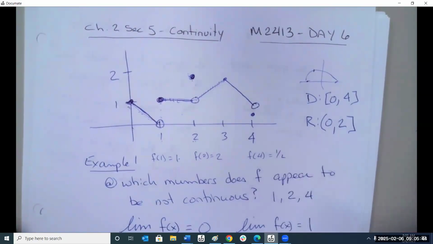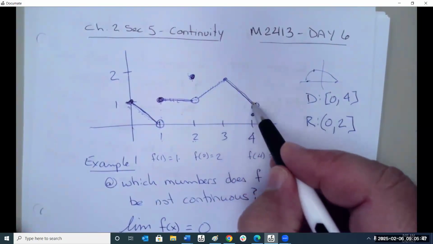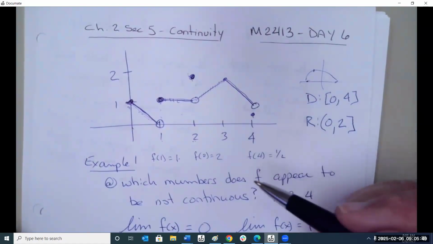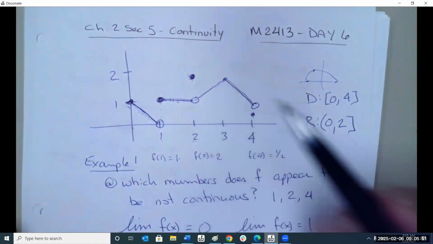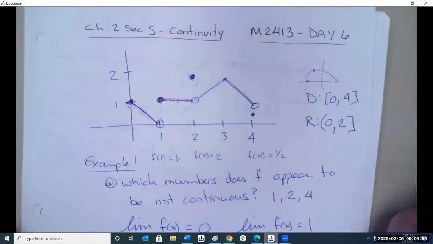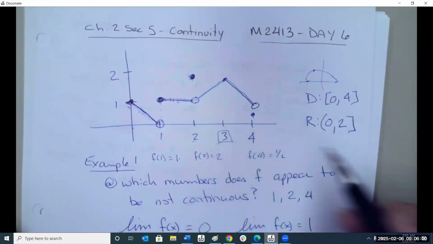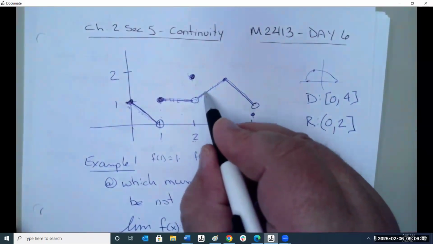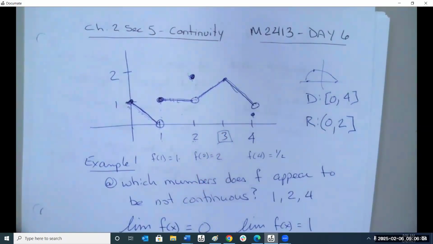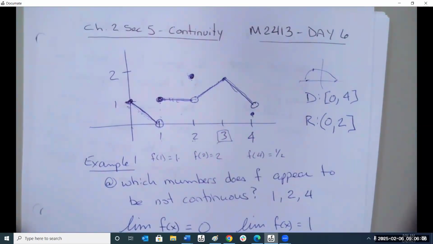At 4, is it continuous? No, because I have to jump down here. I have to pick up my pen. How about at 3, is it continuous? Yes. So the only point that's continuous on our graph is at 3, because I can continue the graph without any discontinuity.